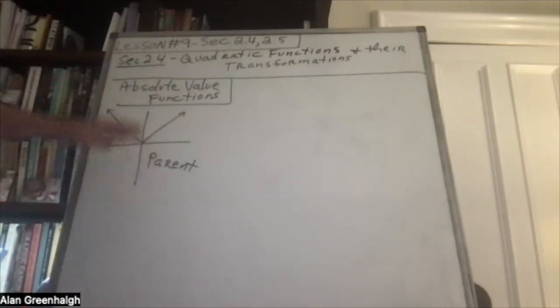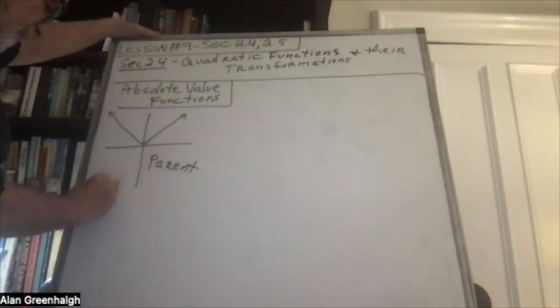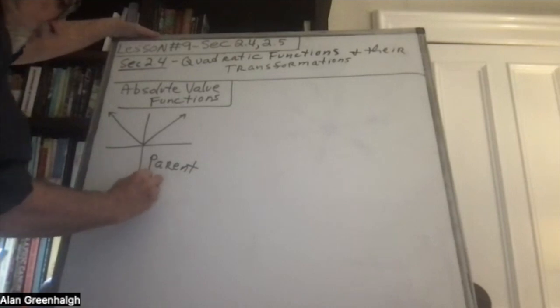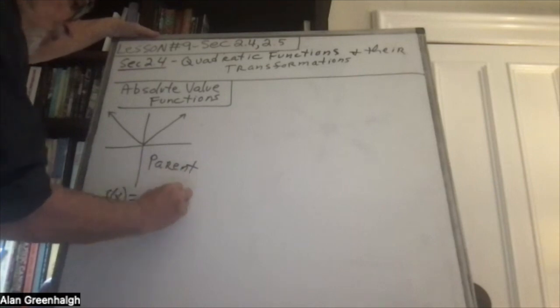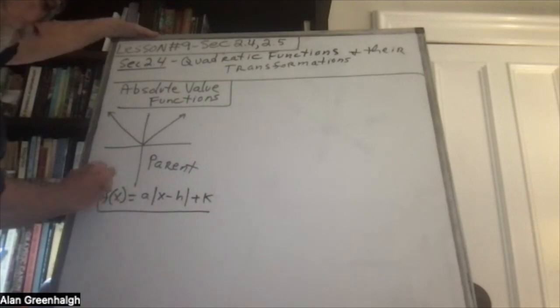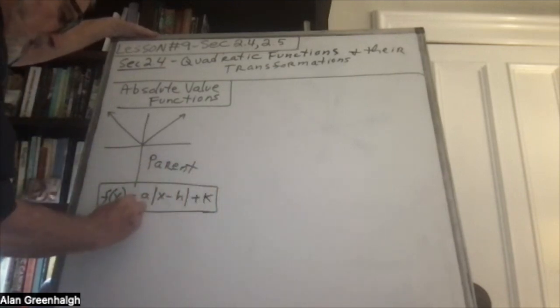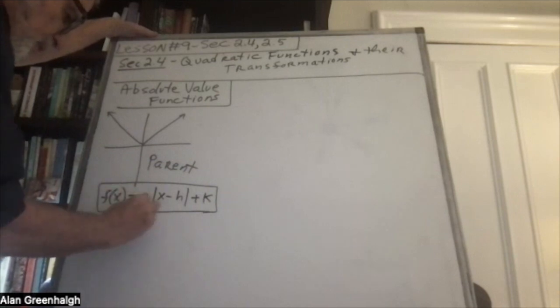And we even had a formula which we described as f of x equals a times the absolute value of x minus h plus k. You all remember this. And I said that (h, k) was the vertex.